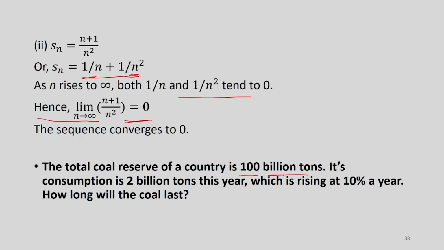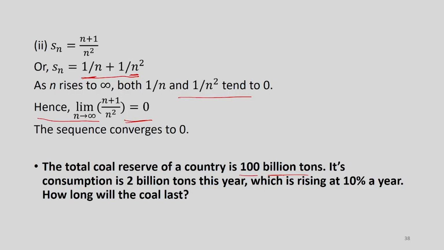How long will the coal last? So, it is a question of how fast a country will run out of its natural resources. A natural resource in this case which is non-renewable. So, there is a depletion, but there is no replenishment of that resource.